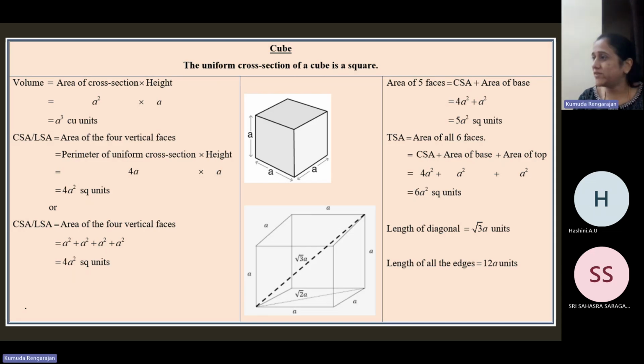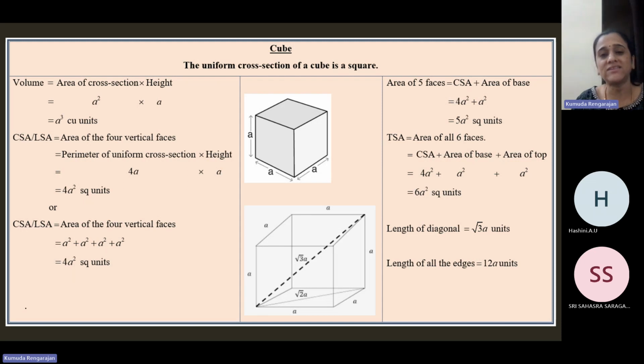So how many vertical faces does a cube have? 4 vertical faces. Like if you imagine a cubical room, in a cubical room, the 4 walls are the vertical faces.